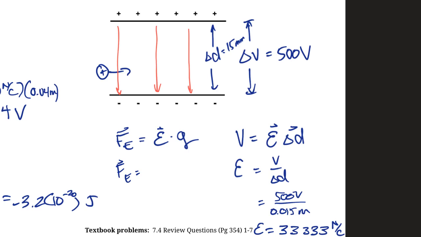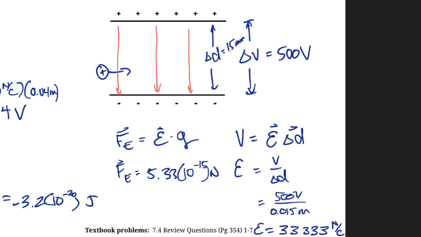Feel free to do the calculation yourself. For the sake of time, I'll just show you what the answer is here. It's 5.33 times 10 to the negative 15 newtons of force. So it's a tiny amount of force.